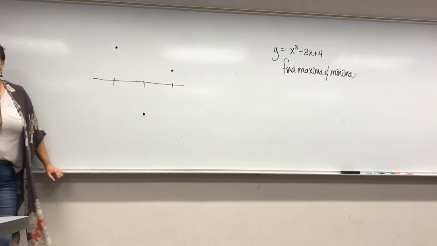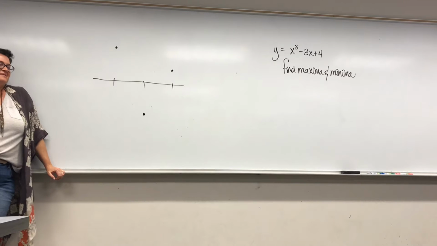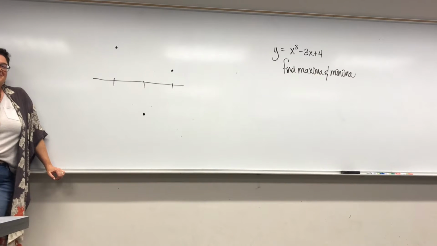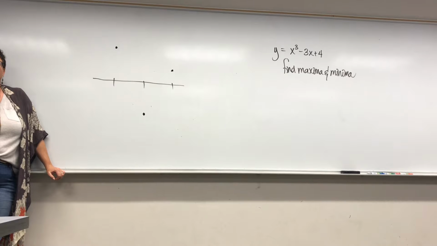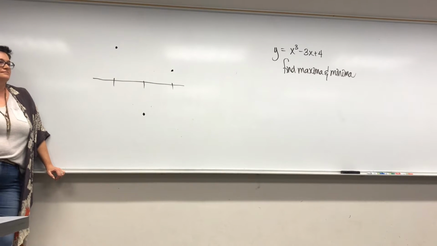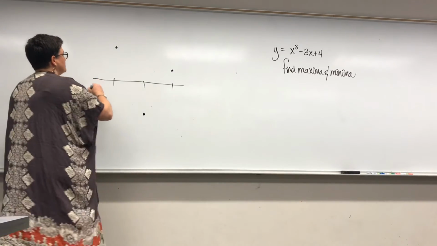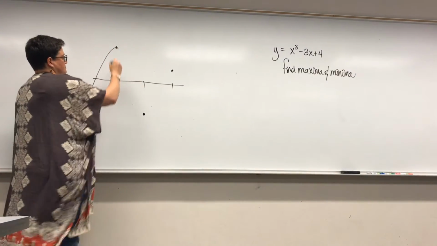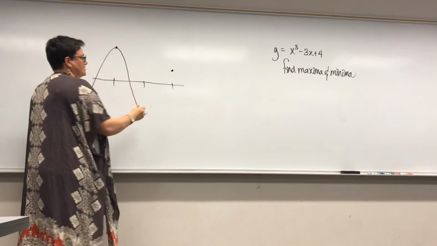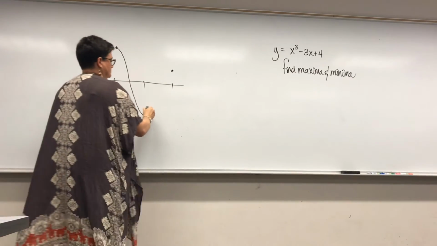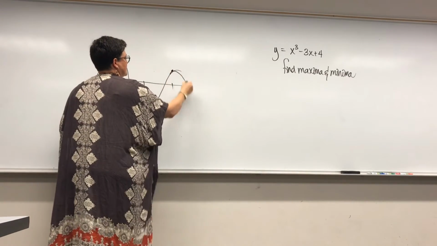Which one of them do you think is a maximum and which one is a minimum? Just for giggles, at a guess. Top one is the maximum, probably, and the bottom is the minimum, probably, and then the other one is something kind of like that.